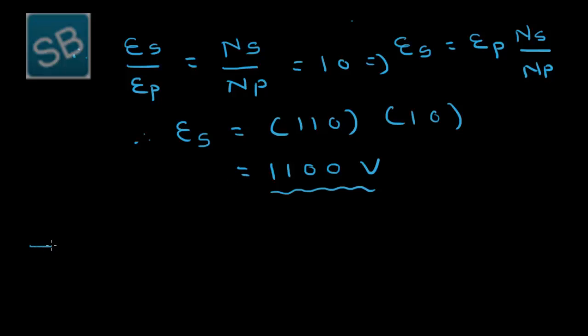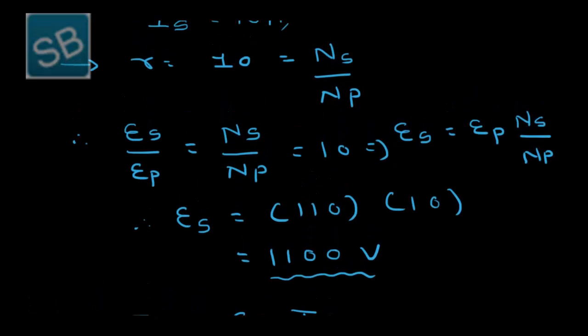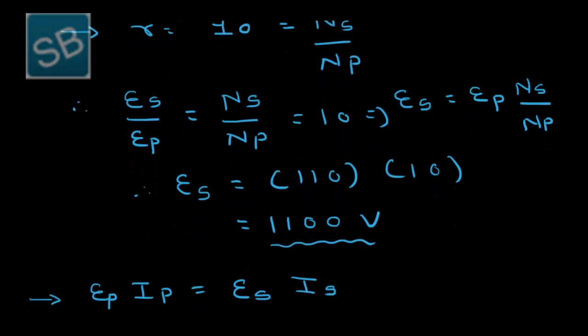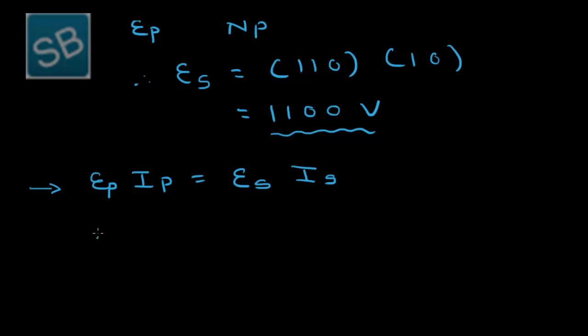And we know another relation, that epsilon P I_P equals epsilon S I_S, because instantaneous input power and instantaneous output power are equal, and so we can find the current in the primary coil, because in the primary coil the current is unknown, but the current in the secondary coil is known, that is 10 ampere.